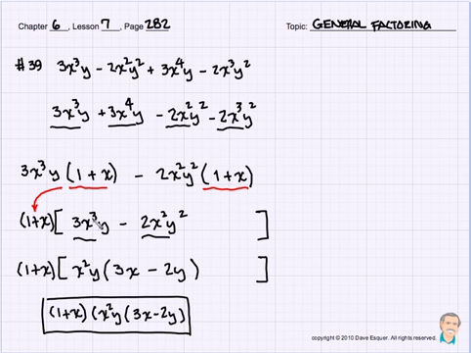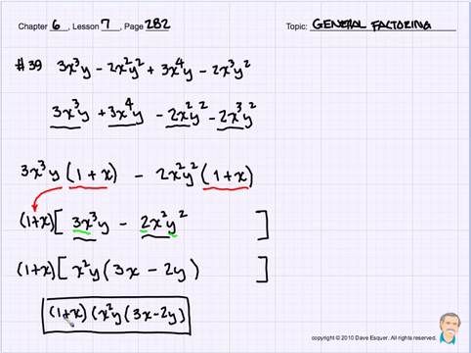And we did. We stuck it right over here. We took it on the outside, which left us with a 3x cubed y minus 2x squared y squared. And if we stared at that 3x cubed y minus 2x squared y squared, we could see that in common there was an x squared y. We left that 1 plus x on the outside, factored out the x squared y, and that left us with the 3x, and a 2 and the y.